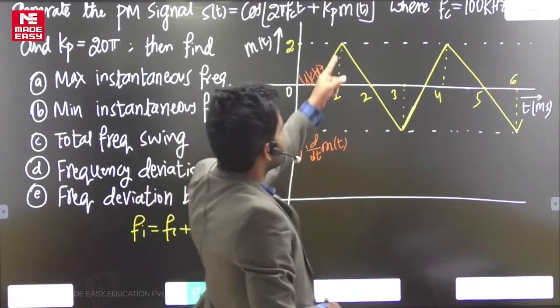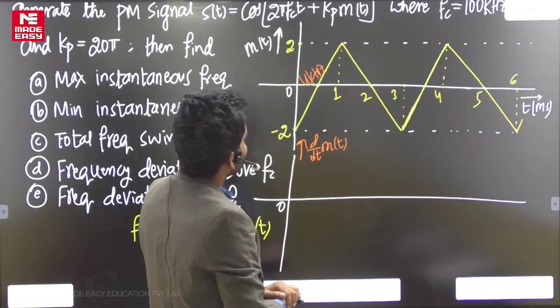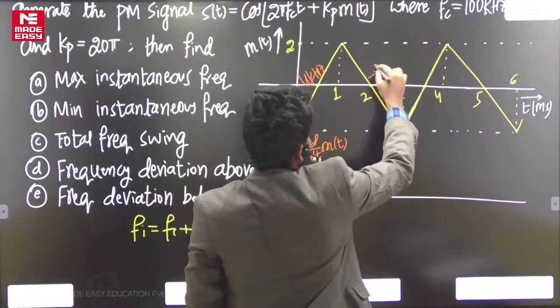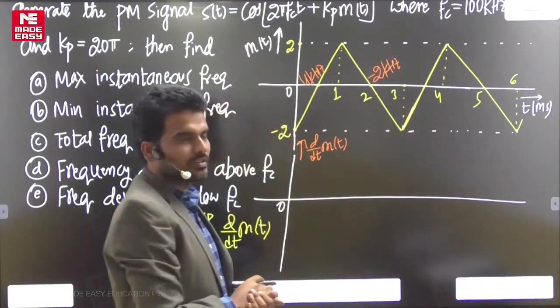And what is the slope of this? Change in y-axis is 4 units, change in x-axis is 2 units, 4 by 2 will be 2. This is decreasing, meaning negative slope, minus 2 kilohertz.